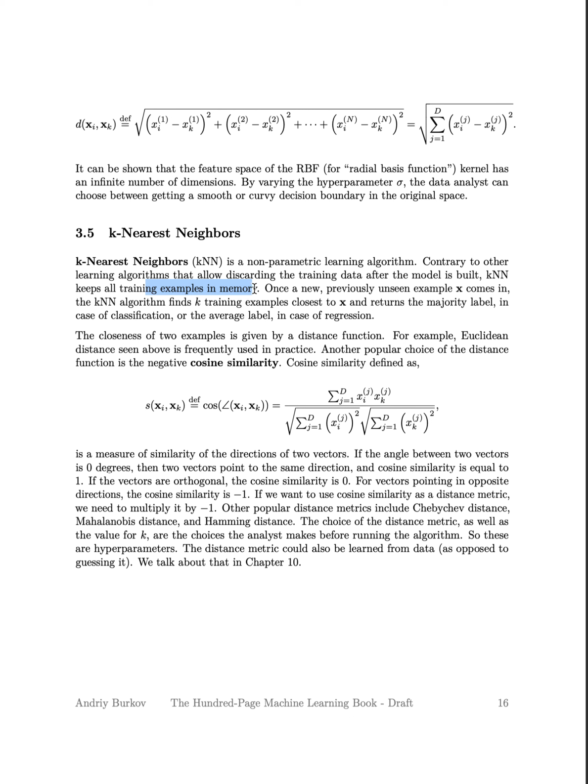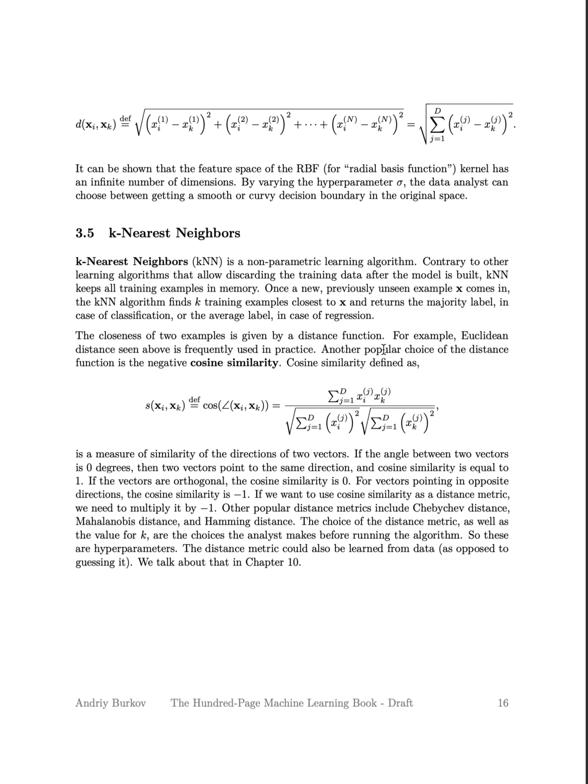It will keep the training data in memory, because once it gets a new example, it will find the k training examples closest to it, and whichever label is in the majority in those examples, it will be classified as that label. In case of regression it is the average label, in case of classification it will be the majority label, because in regression you have continuous values, in classification you have a set of categories.